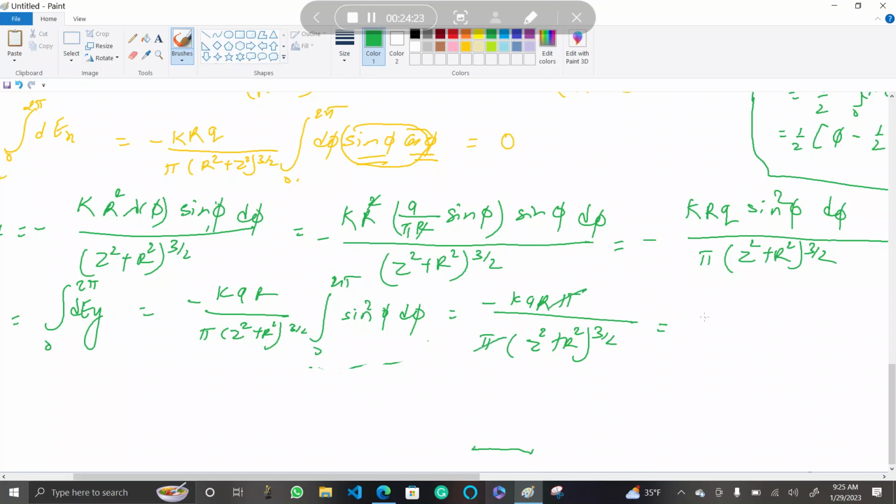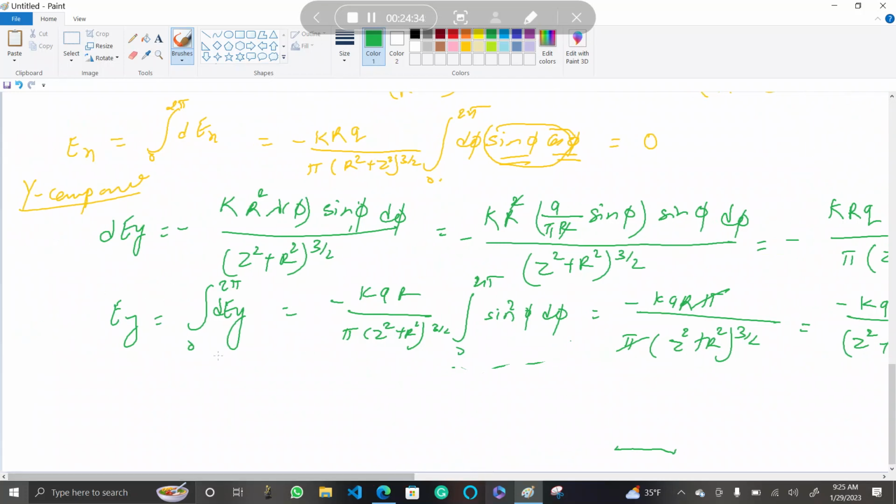So I get the y component in the negative direction, over z square plus r square to the power 3 by 2. This part is along the y-axis. Similarly, I calculate the z component. I'm going to use the next ink for this one. Let's calculate the z component.